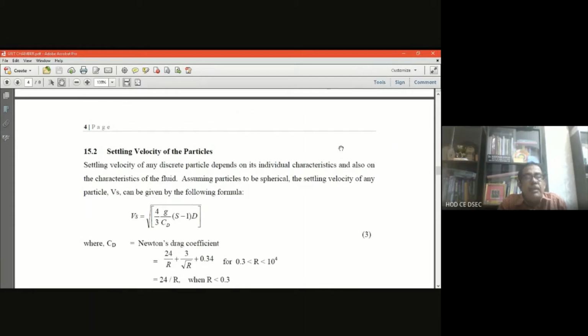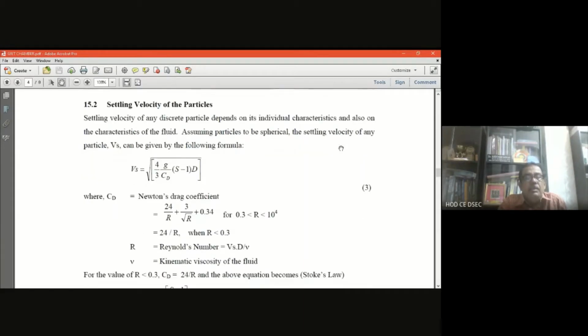Now coming to the point of settling velocity. We know Stokes law, but in general you do not know whether the Reynolds number is less than 0.3 or greater than 0.3. The settling velocity of a discrete particle depends on the individual characteristics and also on the characteristics of the fluid. Consider the particles to be spherical.